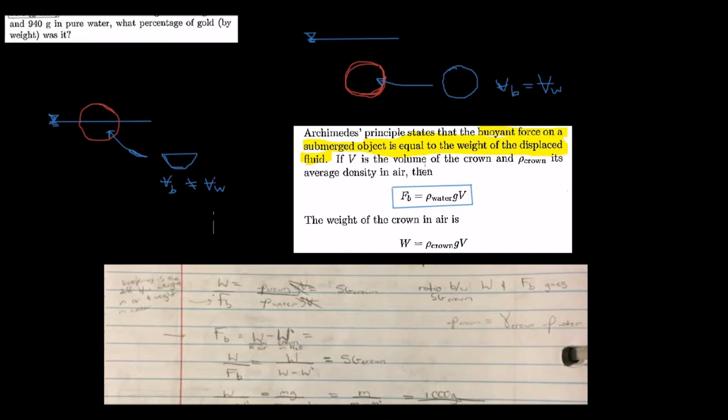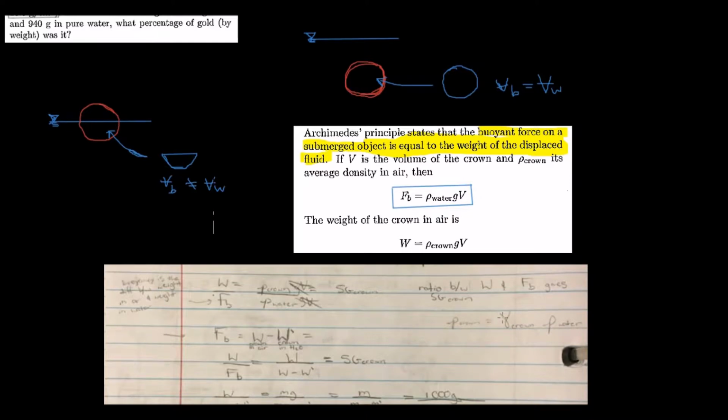Okay, so now that we have that all sorted out, we can begin to solve this. Since the buoyant force on a submerged object is equal to the weight of the displaced fluid, we can set this up as a ratio: W, the weight, over the force of buoyancy, which is rho crown g V over rho water g V. The g and V cancel, and you're just left with rho crown over rho water, which is the same as the specific gravity of the crown.